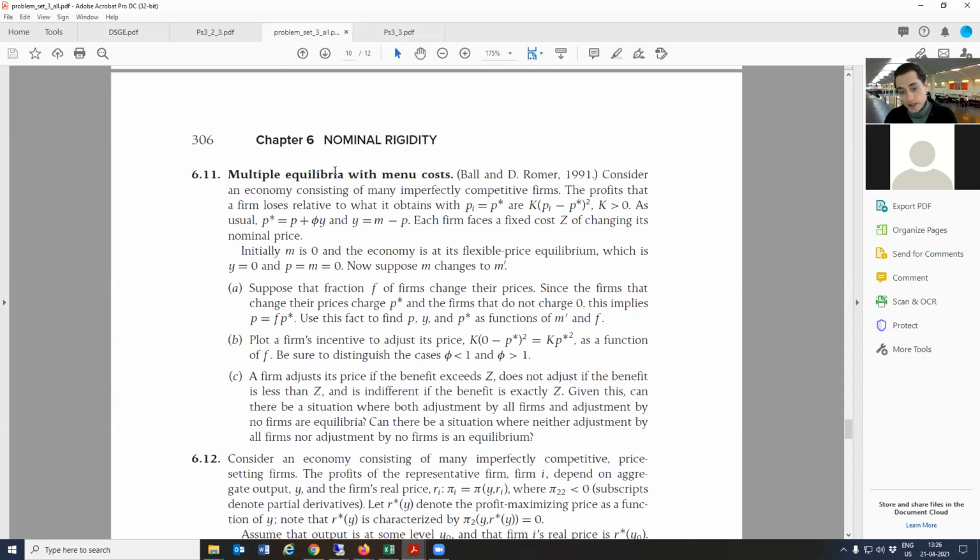So, setup: consider an economy with imperfectly competitive firms, just like in the model we looked at. The profits a firm loses relative to what it obtains with P_i equal to P star are given by this expression here. Let me write it out.